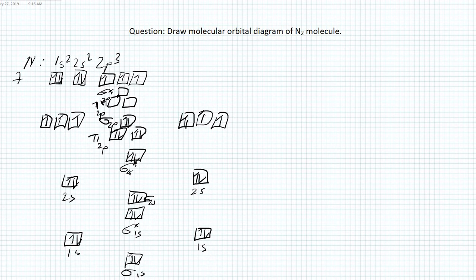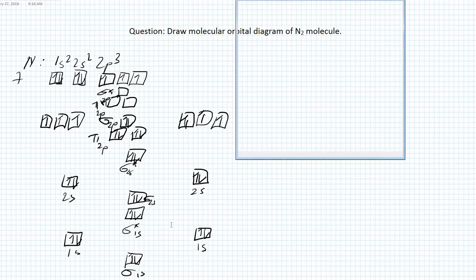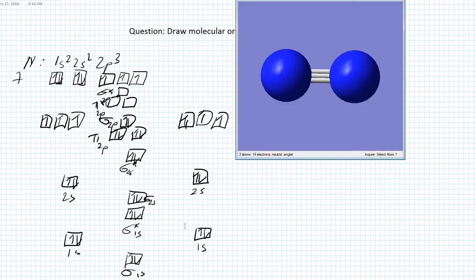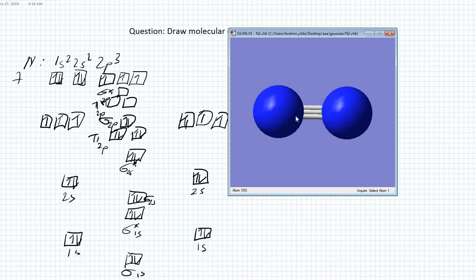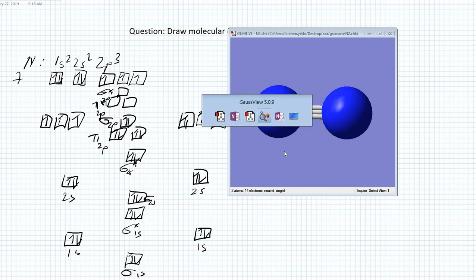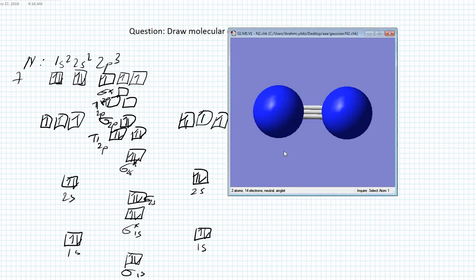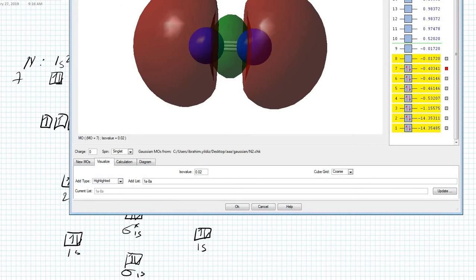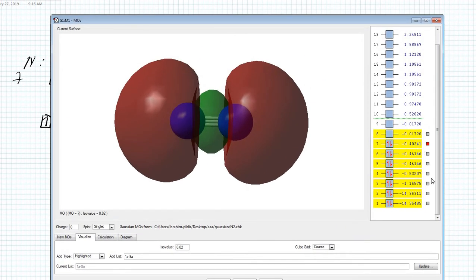If we would like to visualize how they look in 3D, for that purpose we can open a model for nitrogen molecule, and this model shows that we have a triple bond and 2 nitrogen atoms shown with blue spheres. So here we are going to see some molecular orbitals for nitrogen.